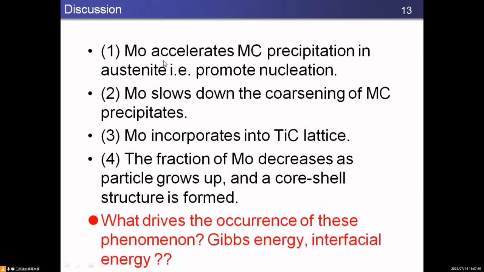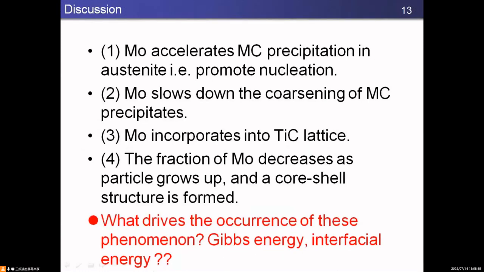First, Mo accelerates MC precipitation in austenite. Second, Mo slows down the coarsening of MC. Third, Mo incorporates into the titanium carbide lattice. Fourth, the fraction of Mo decreases as the particles grow, forming the core-shell structures. So next, we explore what drives the occurrence of this phenomenon.